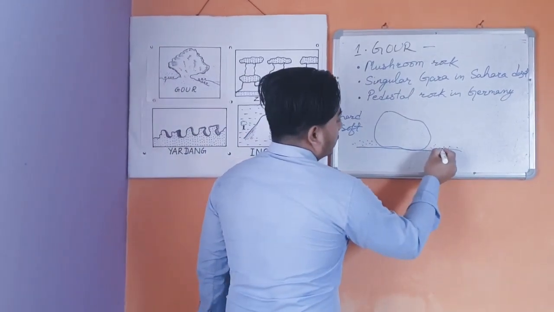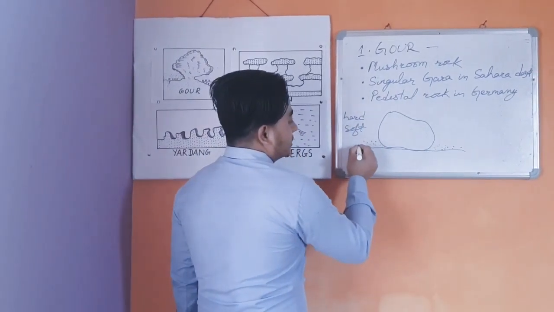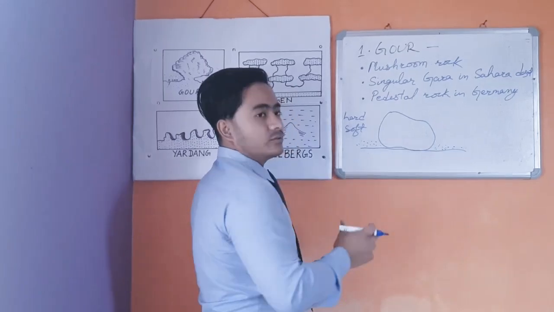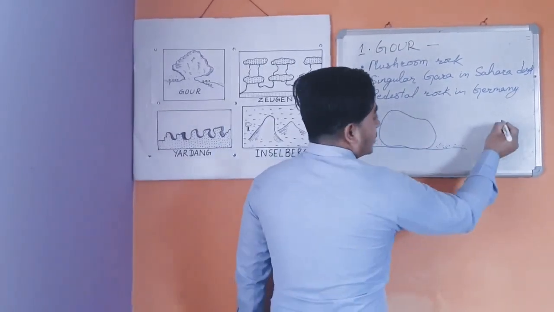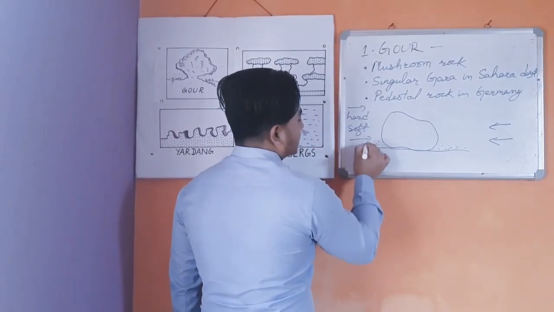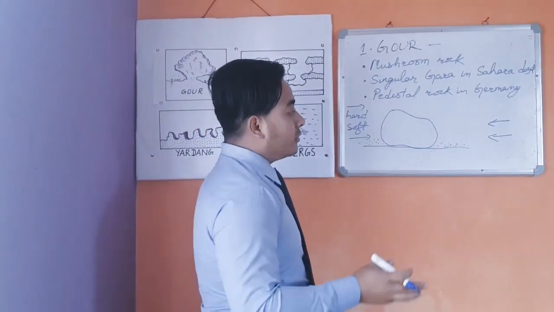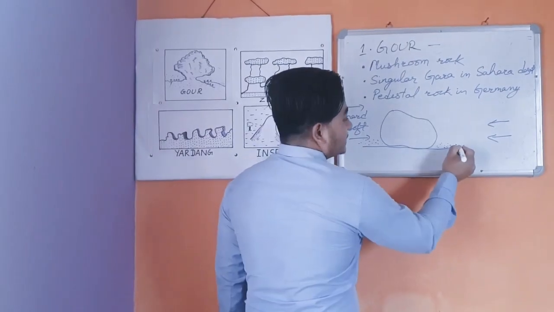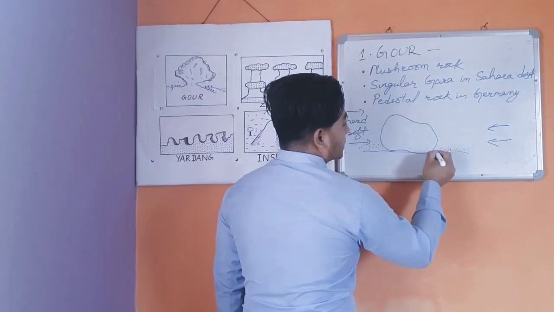So when wind action becomes active in the desert region, wind starts blowing from one direction to another, and when the wind blows, it lifts all the sand and dust particles.